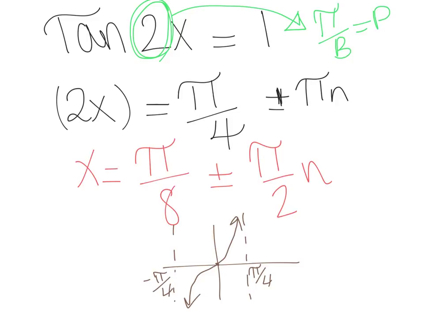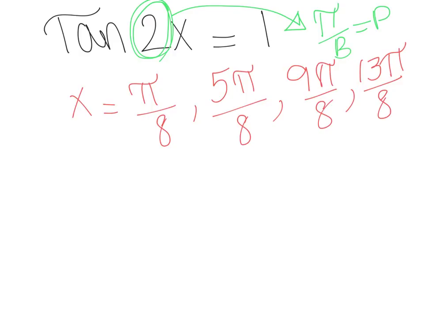So if they ask me to list the angles between 0 and 2 pi, I'll have pi over 8, 5 pi over 8, 9 pi over 8, and 13 pi over 8. And I got those by just adding pi over 2 to every answer to get to the next cycle. So pi over 2, I can just say 4 pi over 8.